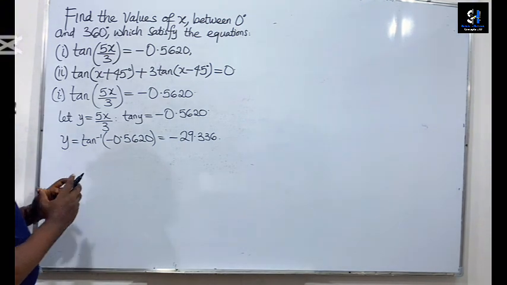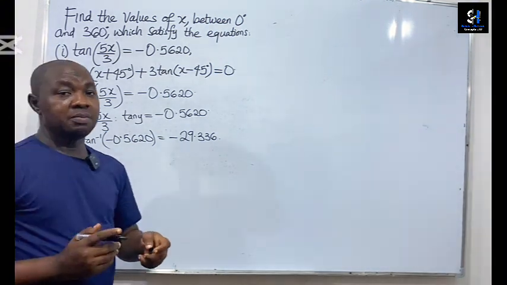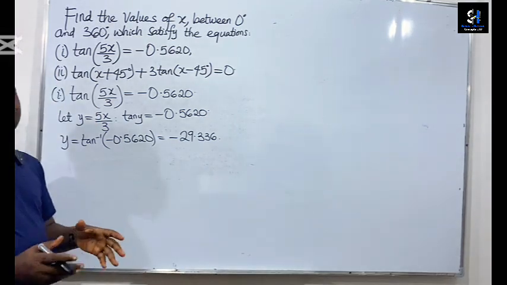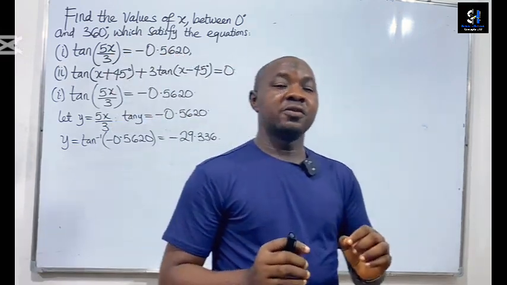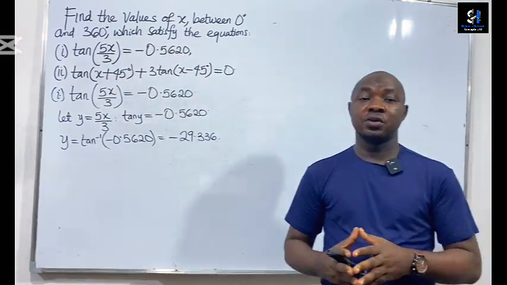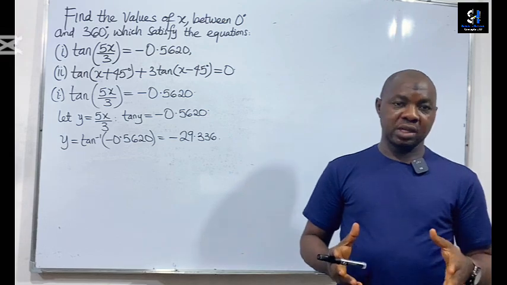Now to be able to find the values of x between 0 degrees and 360 degrees, we need to consider the fact that the tangent function has a period of 180 degrees.